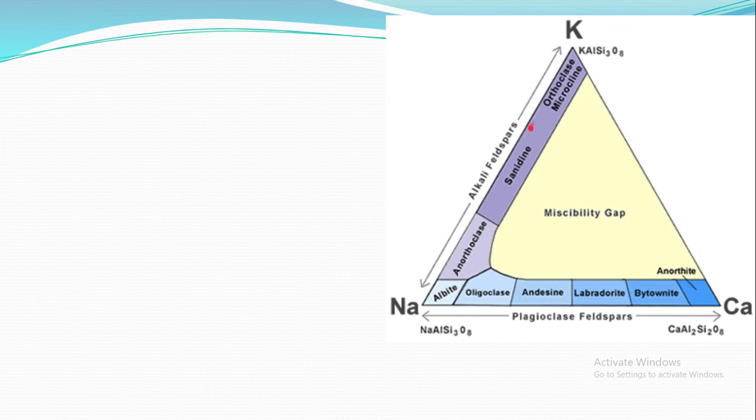As you move in this direction, the mineral will have potassium and sodium, with potassium decreasing and sodium increasing. Ultimately you have sodium rich. Now if you move in this direction, the plagioclase feldspar, you have more sodium and less calcium. As you move in this direction, sodium will be decreasing and calcium will be increasing.